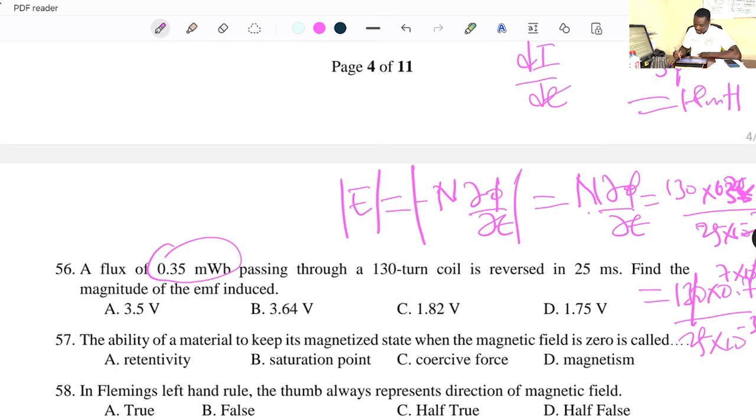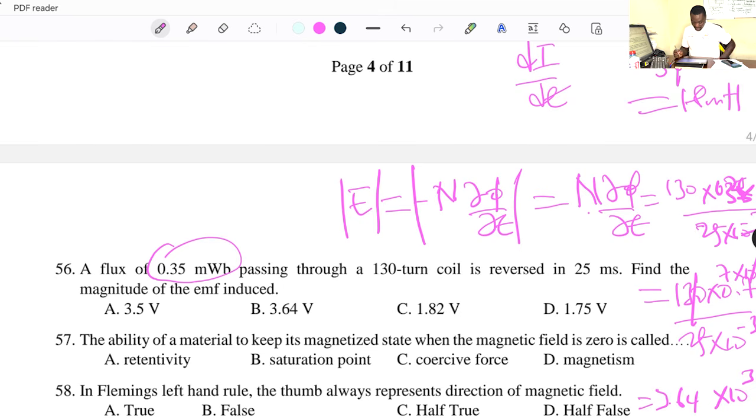With this 0.7, you just write 7 times 10 power minus 1. So this and this will cancel. I have 13 times 7, and you bring this up, 10 to the power 3. That will be minus 1, so we have minus 1 divided by 25. So 3.64.